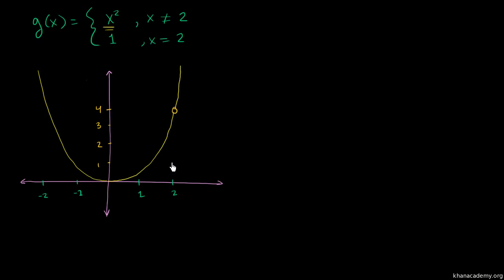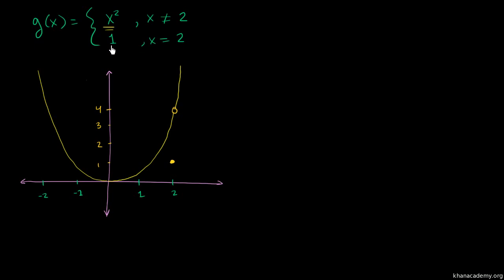So this is a bit of a bizarre function, but we can define it this way. You can define a function however you like to define it. And so notice, it's just like the graph of f of x is equal to x squared, except when you get to 2, it has this gap, because you don't use f of x is equal to x squared when x is equal to 2.